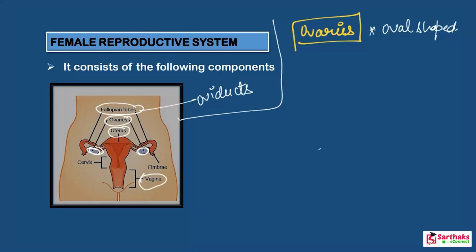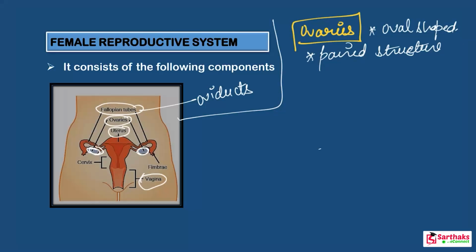Keep in mind that what I told you in the case of testes, that testes are located outside the abdominal cavity, while ovaries are located inside the abdominal cavity. A woman has 2 ovaries, so basically it is a paired structure.